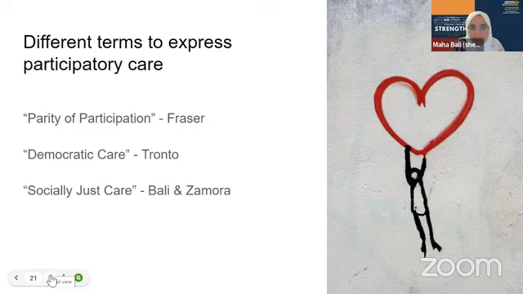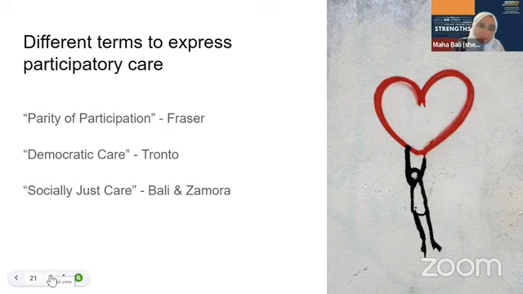There's parity of participation, making sure everybody can participate equally. So if you have a student who has a disability, are they able to participate less than everybody else? Things like democratic care, making sure everyone is caring for everyone else.